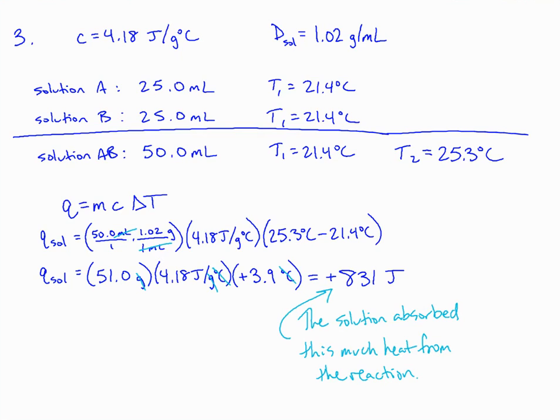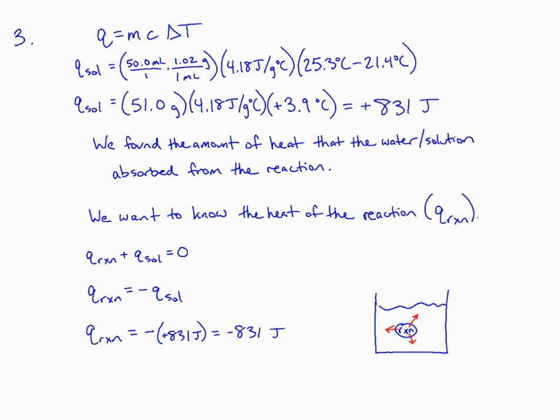We want to know about the Q for the reaction. How much heat did the reaction produce or absorb? And so this is the work from the previous page. I just moved it up. Draw a line here. So here's what happened. We found the amount of heat that the water or the solution absorbed from the reaction.